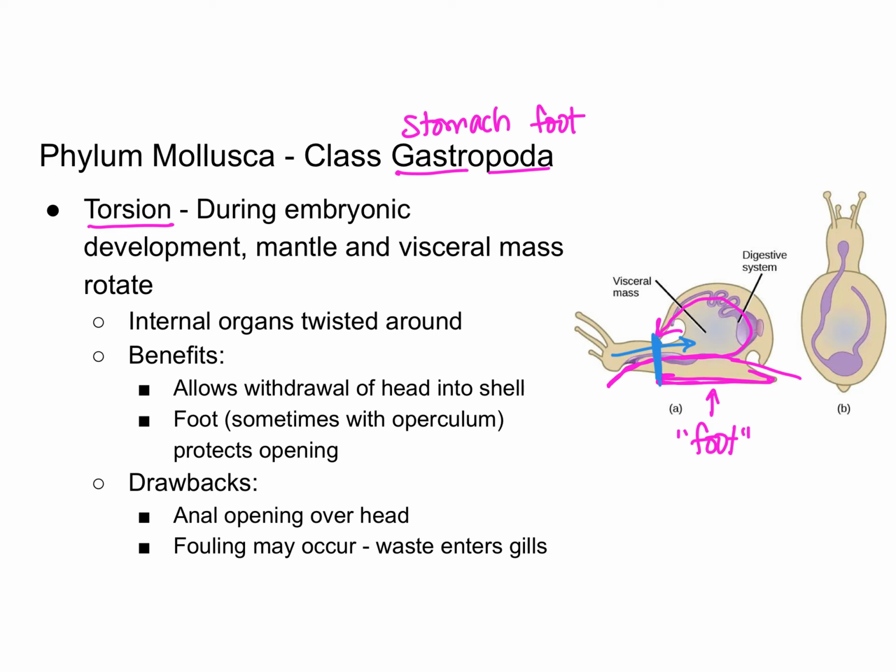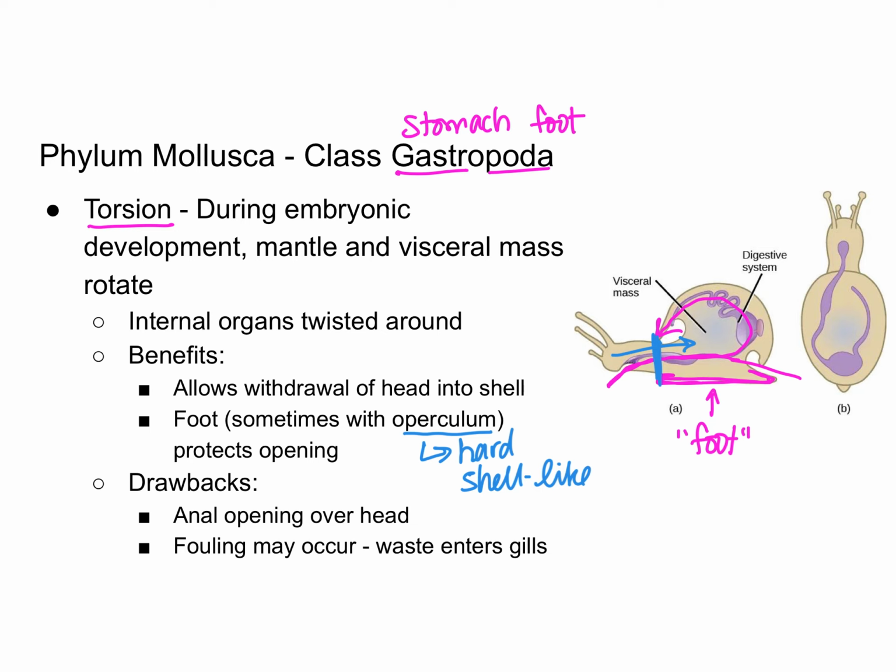And sometimes the foot has something called an operculum. And an operculum is kind of like a little piece of hard shell-like material, which gives it even more protection because now it's not just a muscular foot that's closing the door, but then there's this hard shell that's also kind of closing the door.